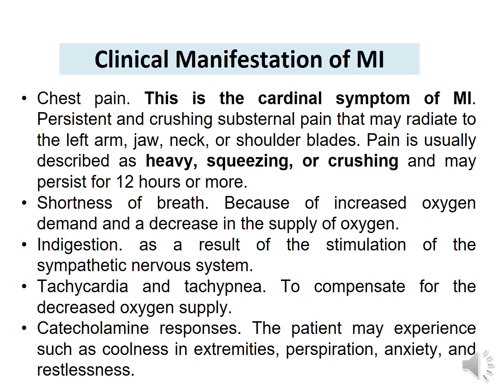This is the description of the patient. Substernal means behind the sternum bone. It may radiate to the left arm, jaw, neck, or shoulder blades. So it's a referred and radiated pain. It starts in the middle of the chest and can radiate to the left side of the body, including the arm, jaw, neck, and shoulder.